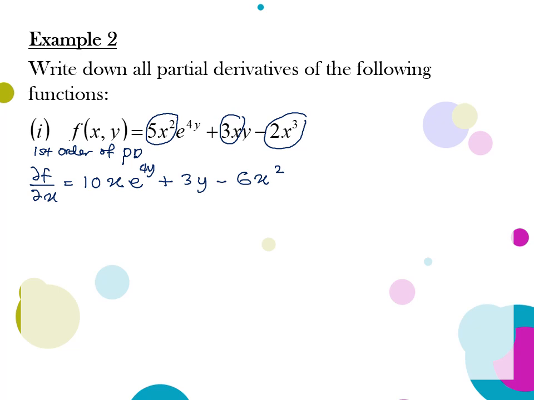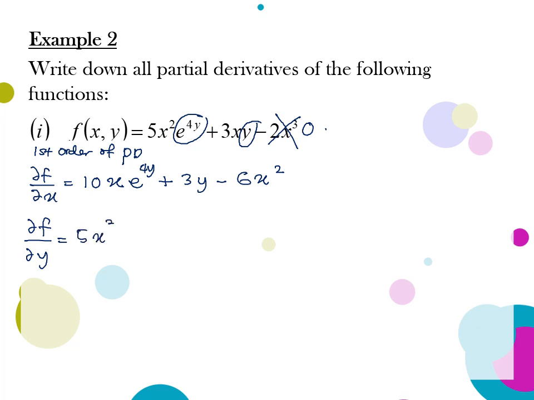Then the second first order partial derivative is with respect to y, so we will treat x as constant and differentiate on y. So y we have here and here, and we do not have y in the first term, so this will become 0 later when we differentiate, right? So 5x squared will remain.